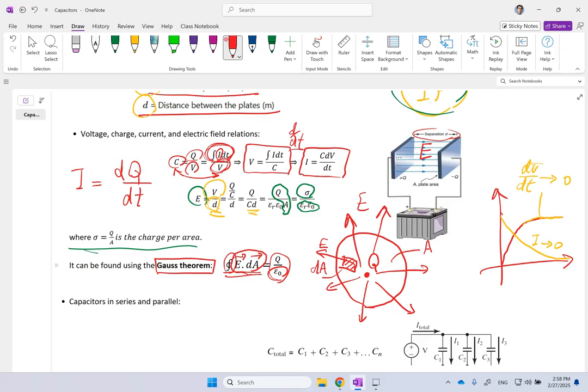Now in this case, the area that you have is the area of this plate. And since E is normal to the A, as you can see, this integral of E dA is simply going to be E times A. This is equal to Q over epsilon naught. So from here, E is going to be Q over A epsilon naught, which is exactly this part here.